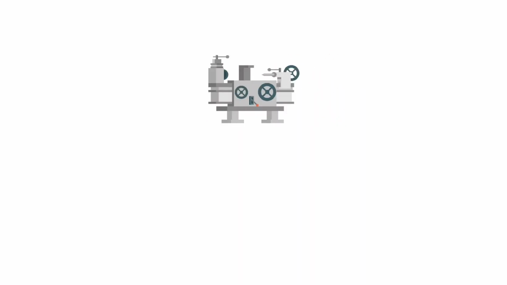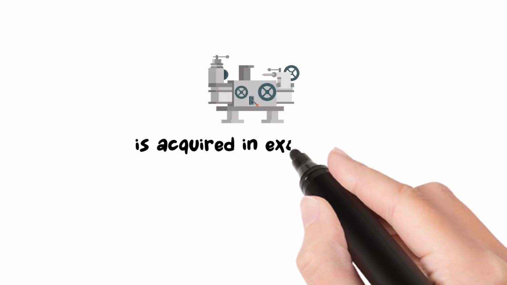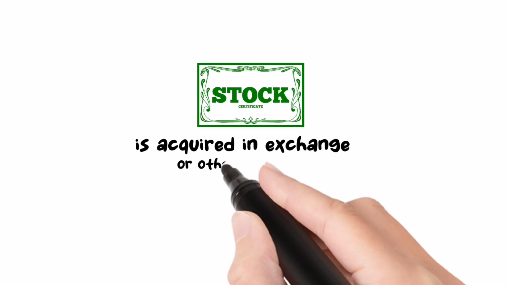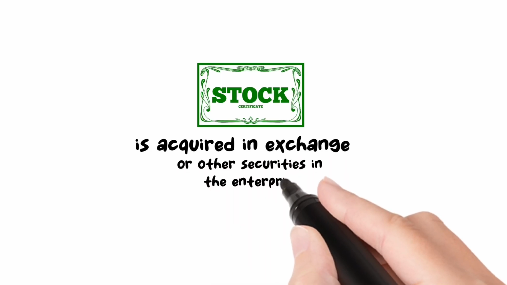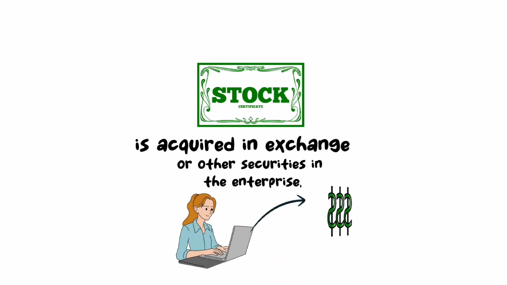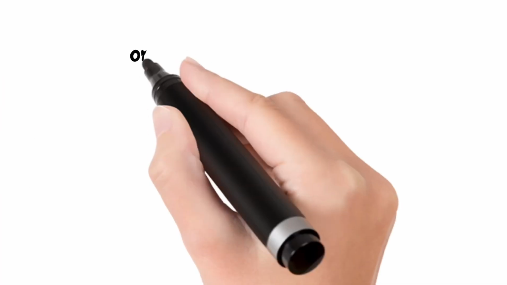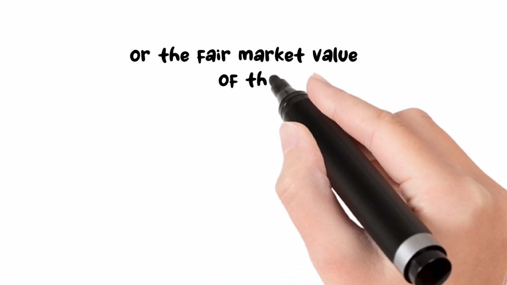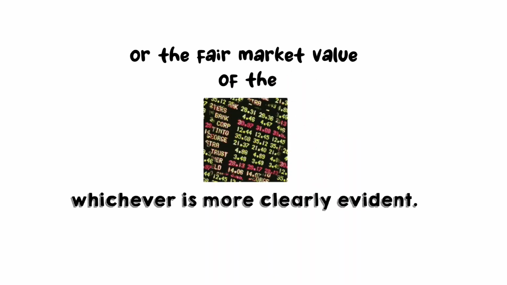When a fixed asset is acquired in exchange for shares or other securities in the enterprise, it is usually recorded at its fair market value, or the fair market value of the securities issued, whichever is more clearly evident.